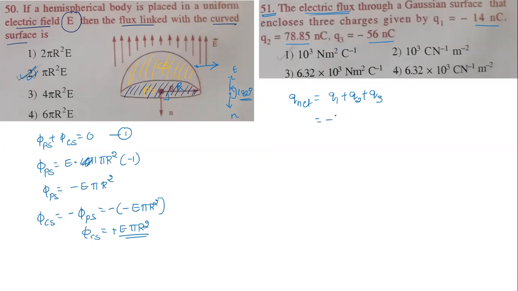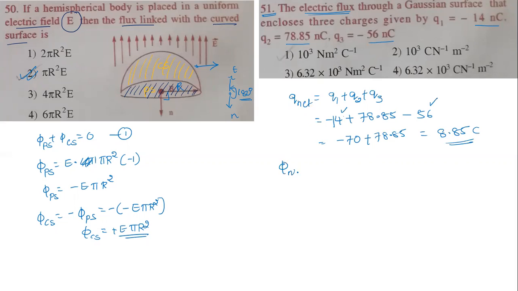Q1 is minus 14, plus Q2 is 78.85, minus 56. If you add up 56 and 14, it will become minus 70. Adding this to plus 78.85, it will become 8.85 nanocoulomb. That is the net charge.